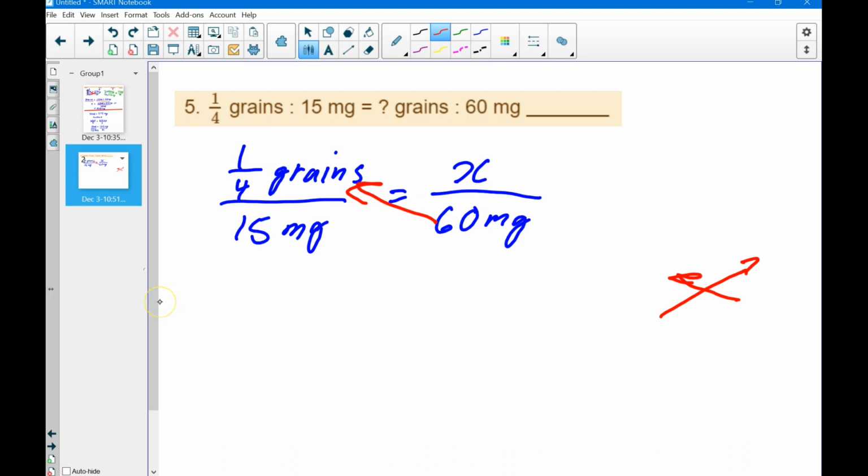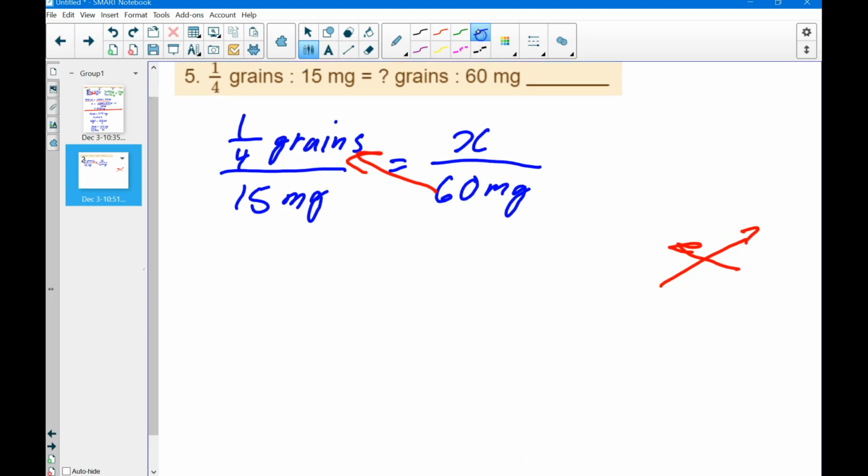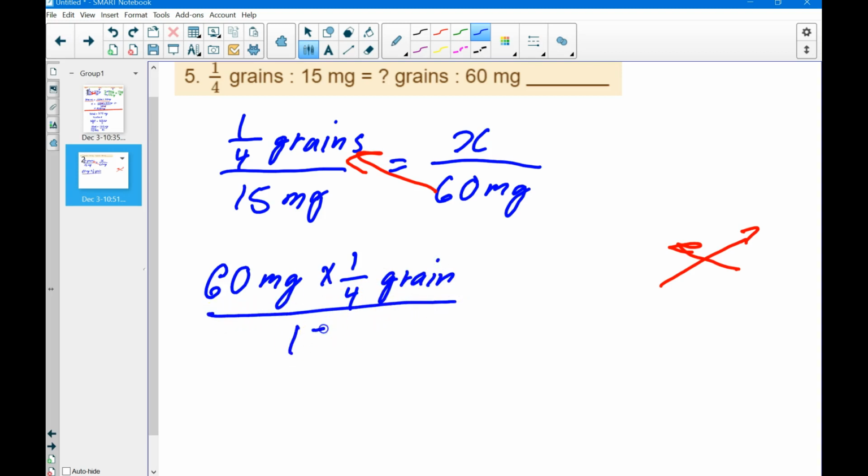So when we cross multiply, or take the 60 times 1/4, it looks like this: 60 milligrams multiplied by 1/4 grains over 15 milligrams.